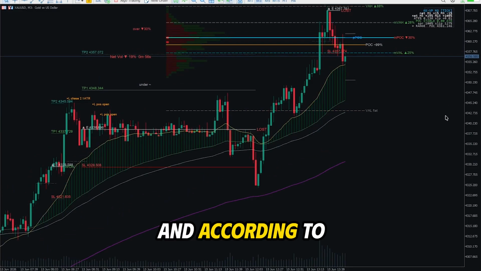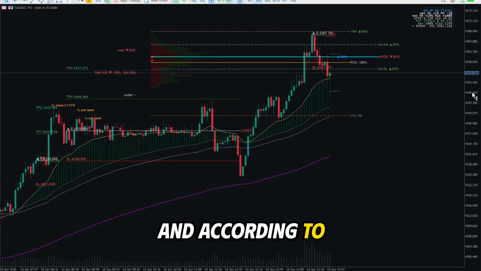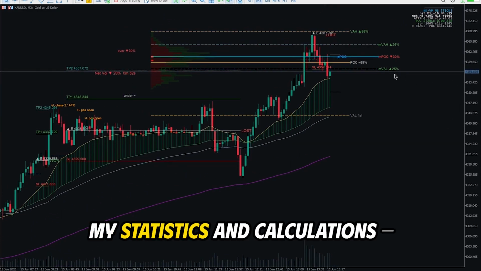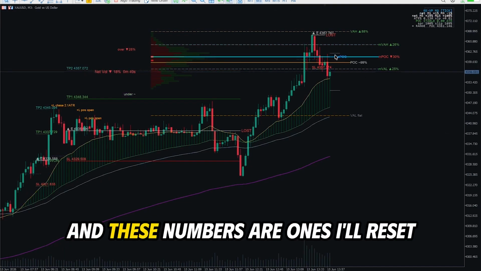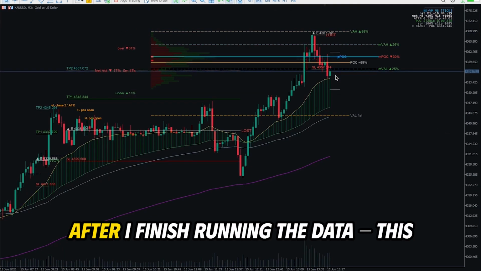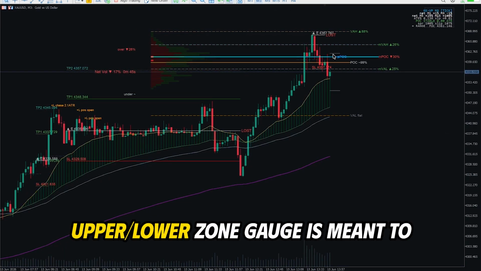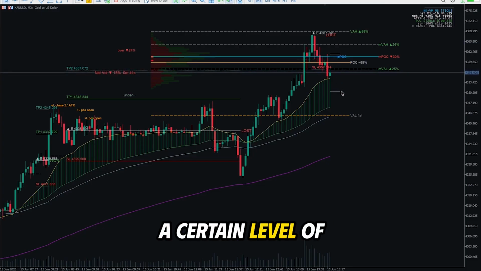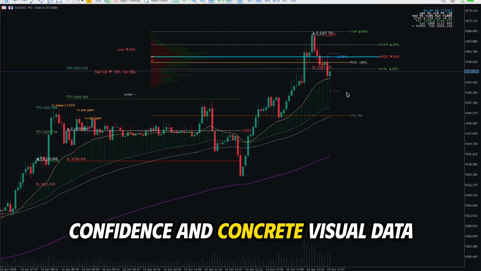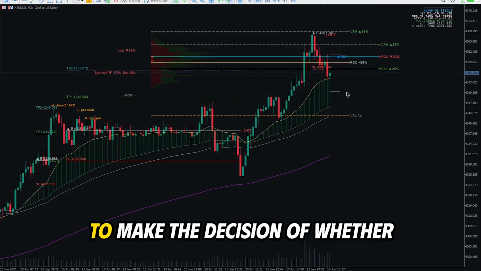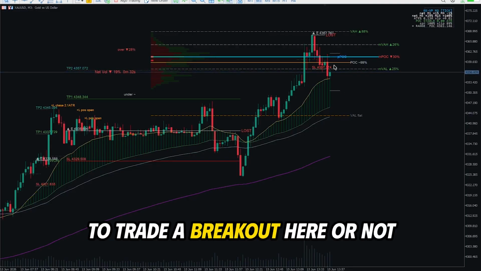And according to my statistics and calculations, and these numbers are ones I'll reset after I finish running the data, this upper and lower zone gauge gives a certain level of confidence and concrete visual data to make the decision to trade a breakout here or not.